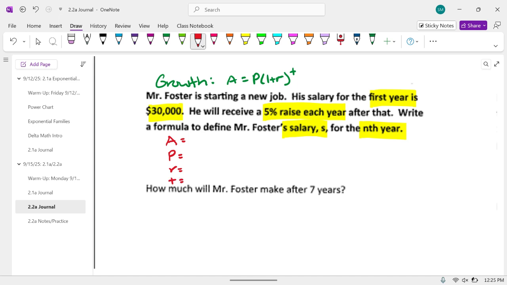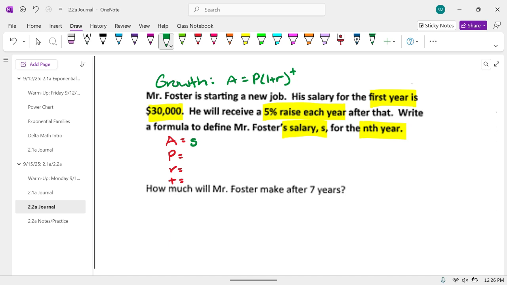So what do you think I'm going to replace A with in our formula? Not 30,000, because that's our initial. A is our new value after we do our calculation. So what variable specifically did it want us to say? S, because that's his salary after whatever year. So we're going to put S for A.